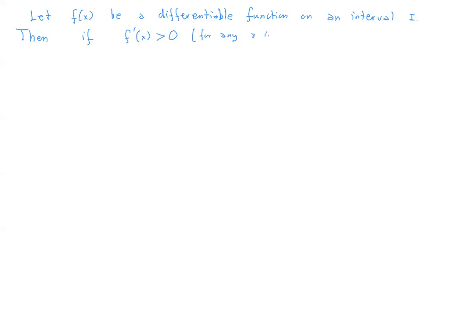Let f of x be a differentiable function on an interval I. Then if f prime of x is greater than 0, meaning for any x, then f is increasing on I. Or if you like, strictly increasing on I. And we're going to denote this way.